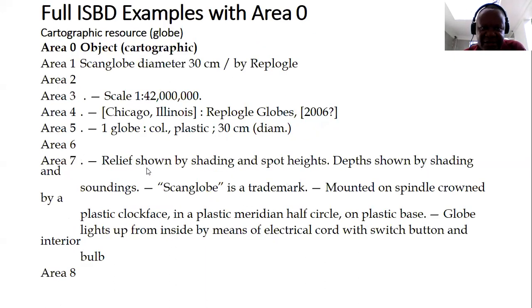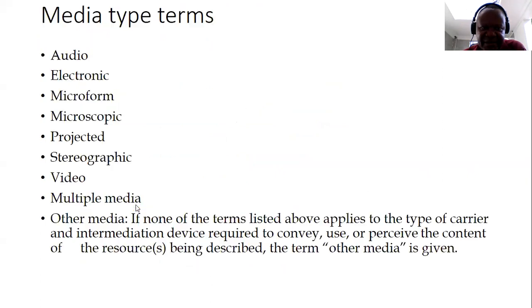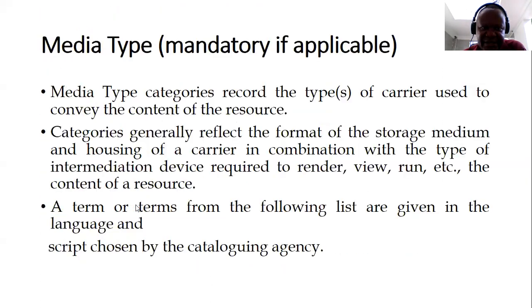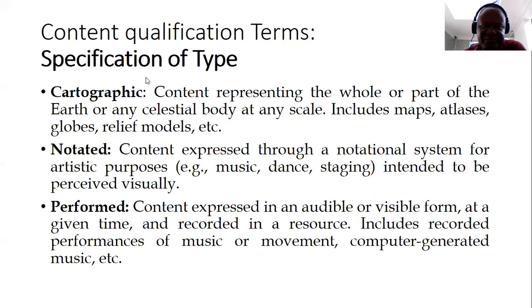I'll go backwards to the slide where I was looking at content qualification, and we had started with specification of type. So under the content qualification terms, I've just started with the specification of type, where the type was for those cartographic materials.